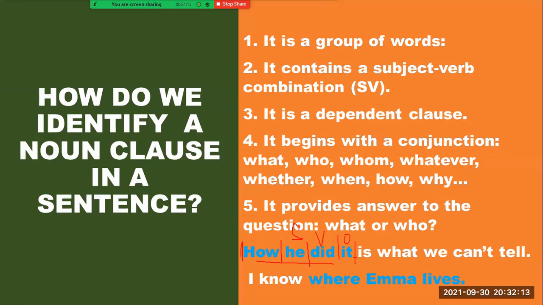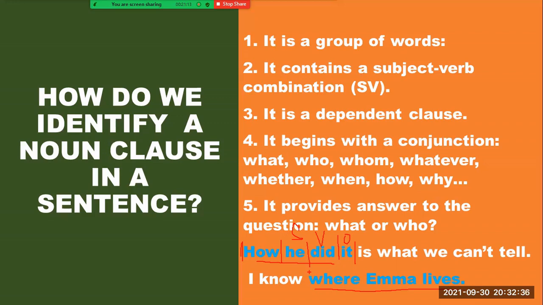Because it doesn't have complete meaning. All right. Okay, so the same thing happens here in the second sentence, where Emma lives. If you just simply say where Emma lives, then someone will want to know more about what you are talking about, where Emma lives. So what happens to where Emma lives?